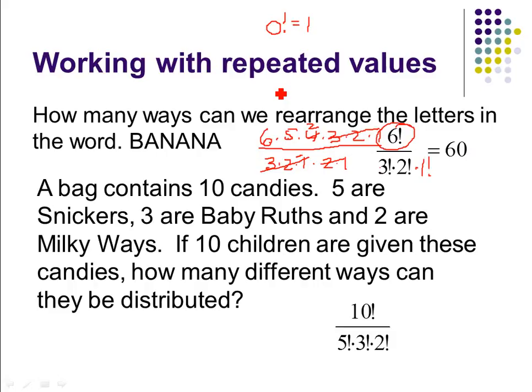Well, if they have shown you the formula, if they've given you n choose r is equal to n factorial over r factorial times n minus r factorial, and I'm doing n choose 0, then what happens?